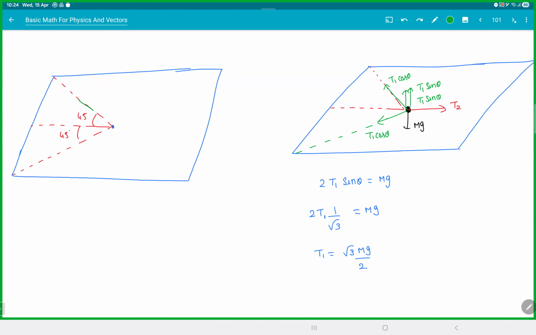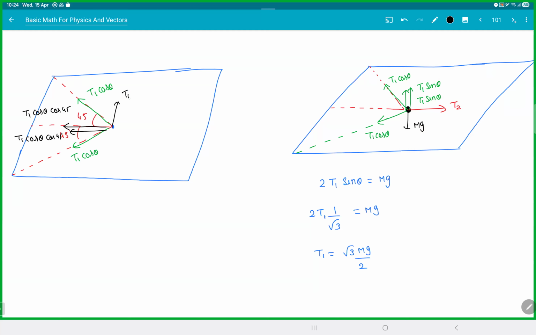Now, what are the components here? So basically you're taking components of the components. This is T1 cos theta. This is T1 cos theta. Now if you resolve this into components, in this direction we get T1 cos theta cos 45.